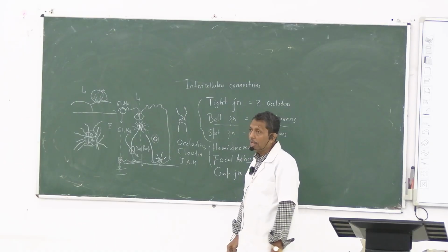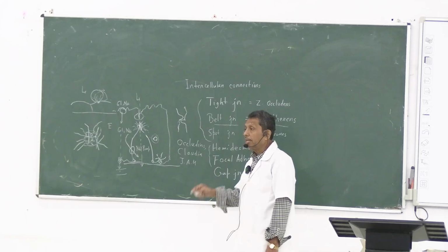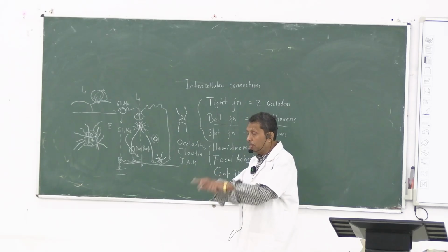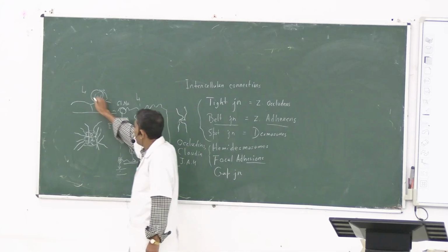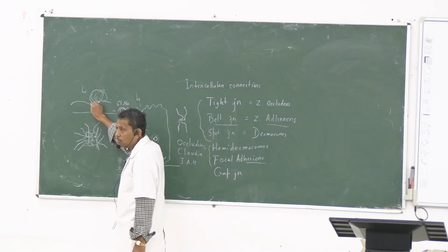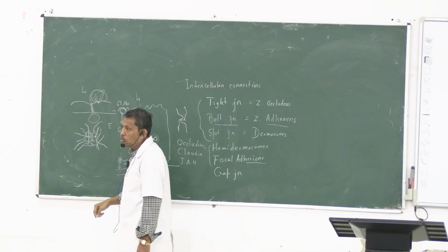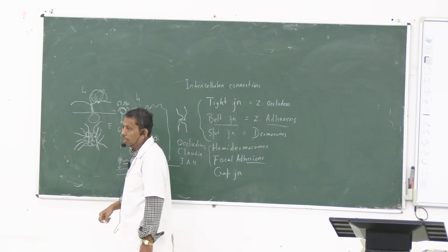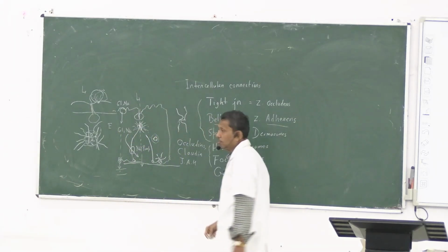This movement is required physiologically, and in this way they can find the space between the cells and then migrate. There are other cell adhesion molecules and they can pass through this and come out from the lumen to the outside. It's called focal adhesions.